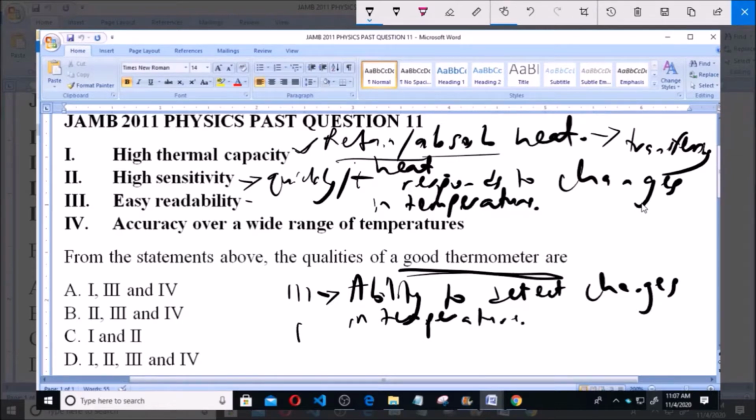And 4 says accuracy over a wide range of temperature. That is also the ability to take readings or to detect changes over a wide range of temperature.